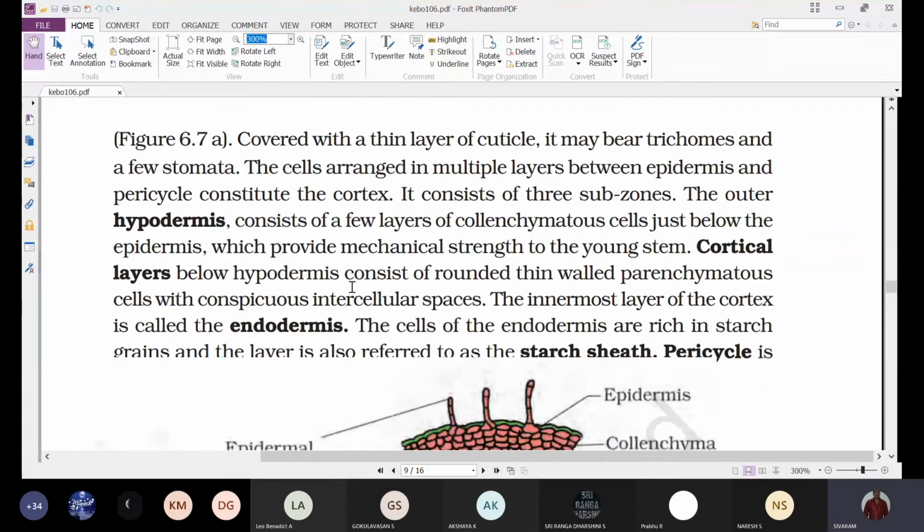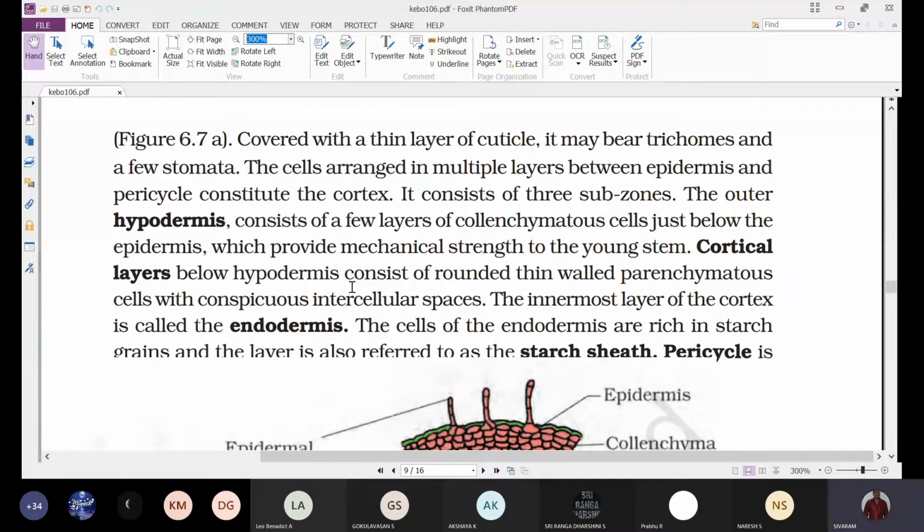The epidermis is made of single layered living parenchymatous cells. It is the outermost layer of the stem. On the outer surface of this epidermis, it is covered with a thin layer of cuticle.